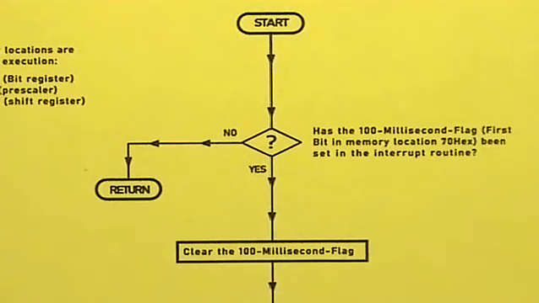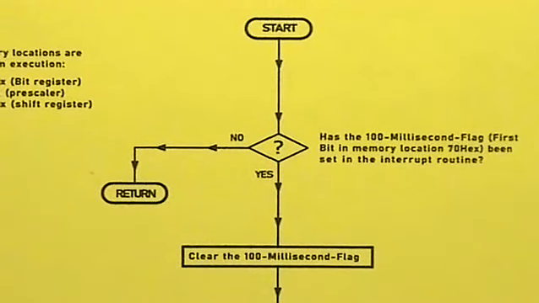After calling the subprogram running light, the first thing to be queried is whether this 100 millisecond flag is set. If not, the processing of this subprogram has already ended here. If it is, the 100 millisecond flag is first cleared.